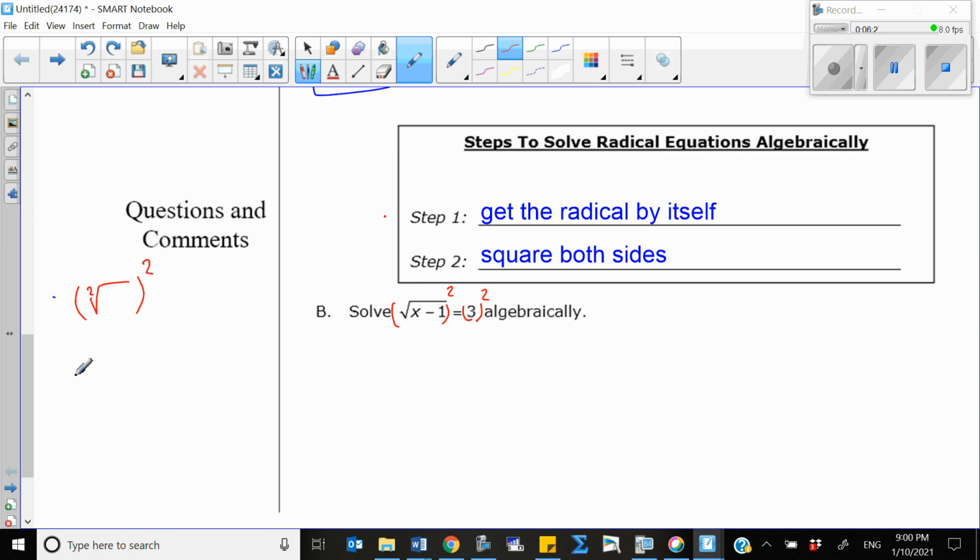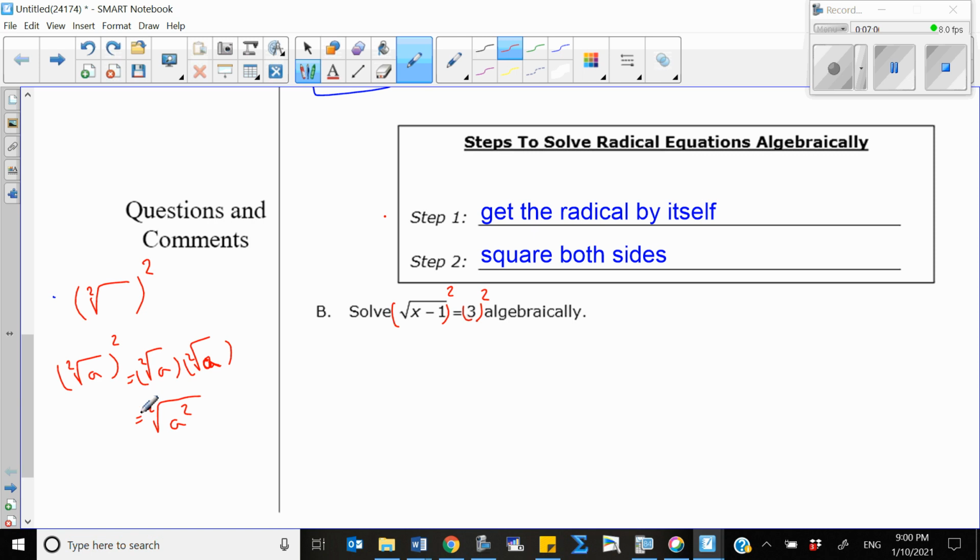Why is this happening? Let me give you this example. Let's say I have the square root of a, and I'm going to raise that to the power of 2. This is the square root of a times itself, because it's the power of 2. If I multiply these two, I write just one square root, and a times a is a squared.